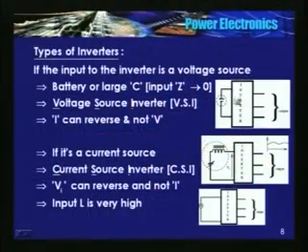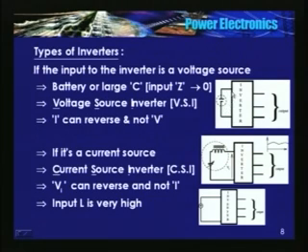See in this figure. So this is the inverter, and the input I marked as a voltage source or a battery. The moment I say it's a battery, I can represent it as an almost ideal voltage source. The magnitude of voltage is independent of the current that it is supplying.